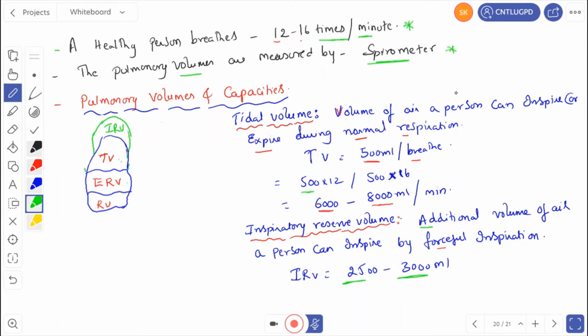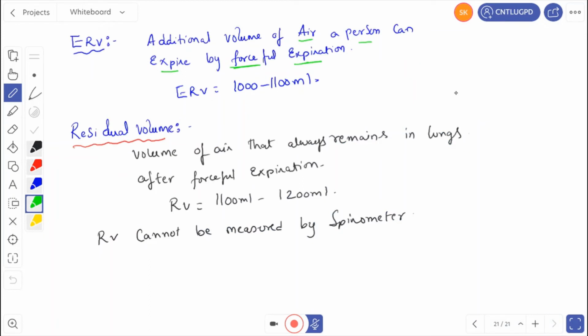So during forceful expiration you send additional volume of air in addition to tidal volume, and that is called expiratory reserve volume. Expiratory reserve volume is 1000 ml to 1100 ml. Then what is residual volume? It is the volume of air that always remains in the lungs after forceful expiration.